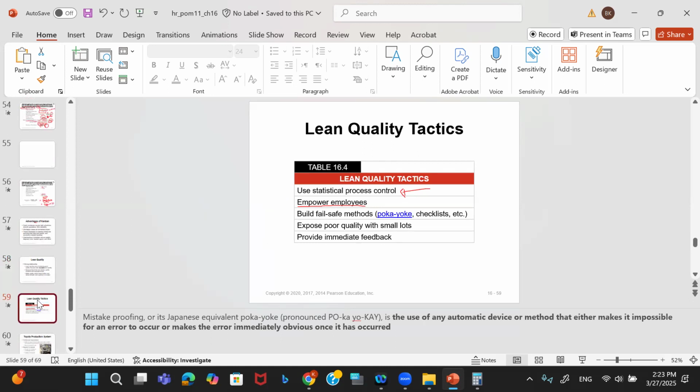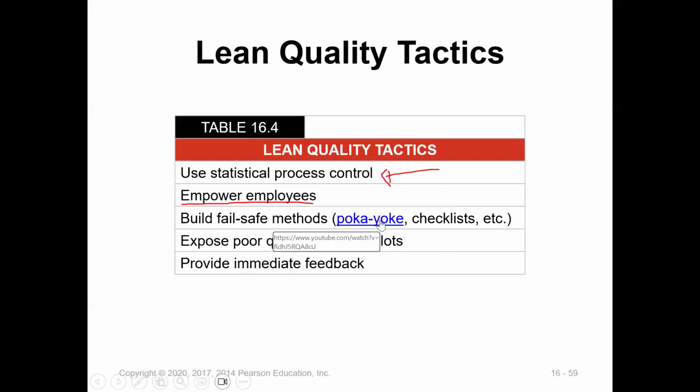Okay, these are some lean techniques. Use statistical process control, expose poor quality.